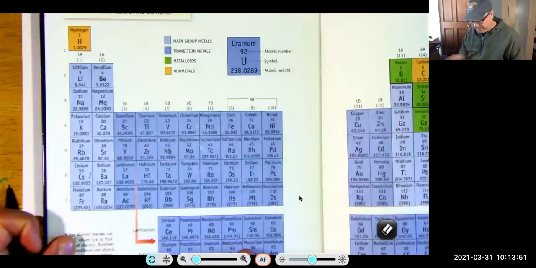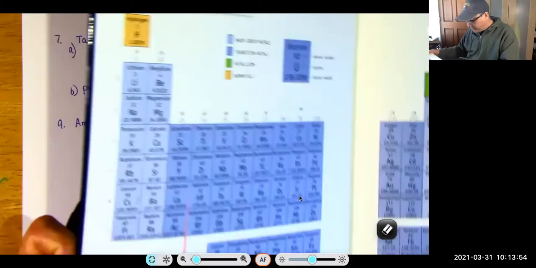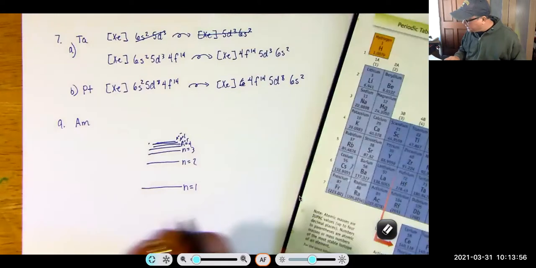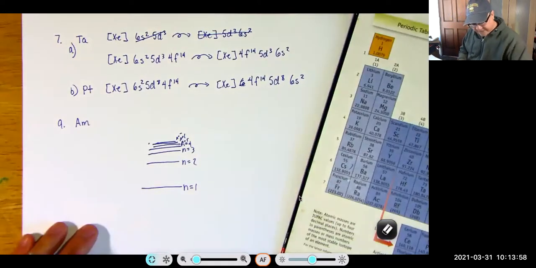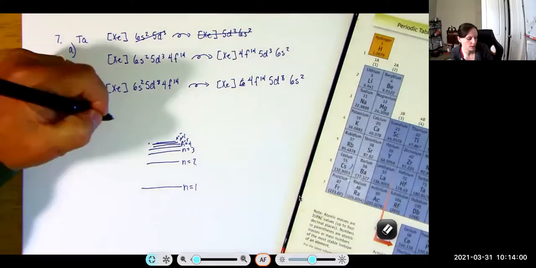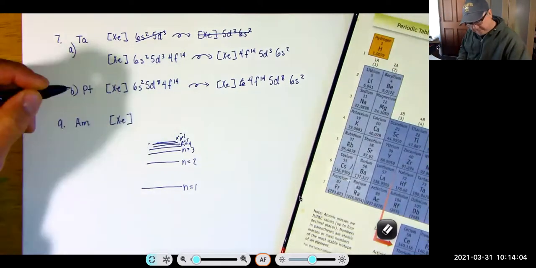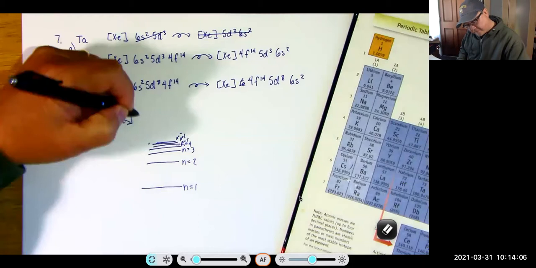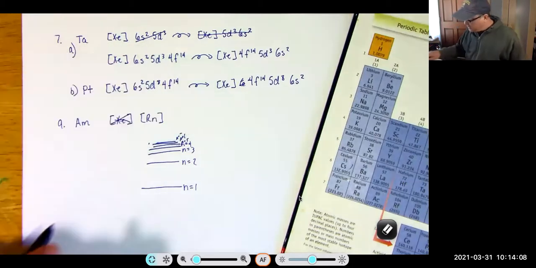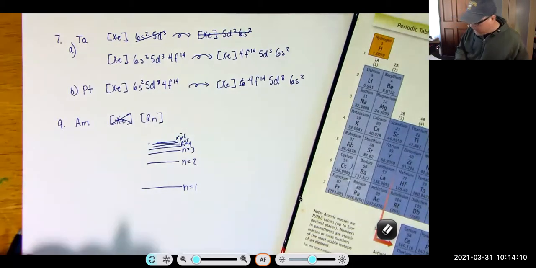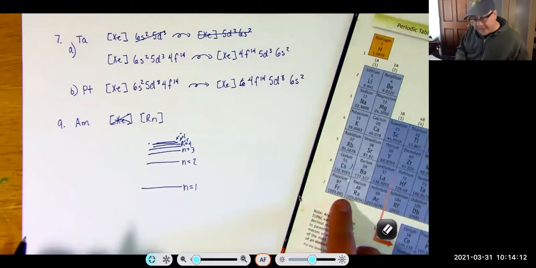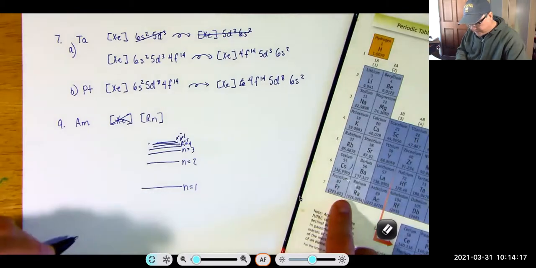Okay. Americium is down here in the moat, as I call it, in the bottom of the moat. And the preceding noble gas is xenon. I thought it was radon. Well, it is radon. Okay. And then when we go over from radon, we hit period 7, and we're going to put a 7s2.